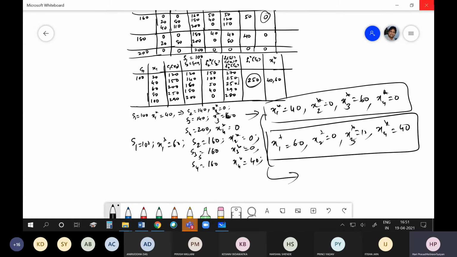If I give this as a tutorial problem, write a computer code for solving this particular problem, how many of you can write it? So this is where the challenge lies.